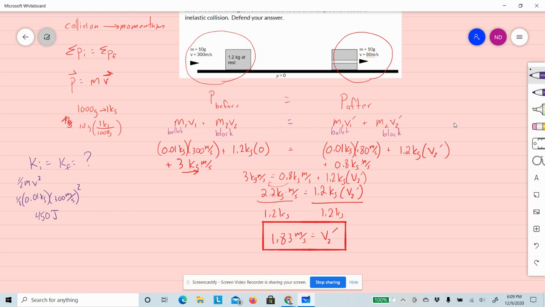Does that equal the kinetic energy after? Let's look at the kinetic energy after. The bullet has 1/2 times 0.01 kilograms times the speed of the bullet, 80 meters per second, squared. 80 squared is 6,400, times 0.01, times 0.5. That's 32 joules.